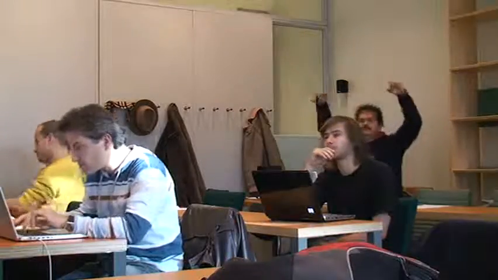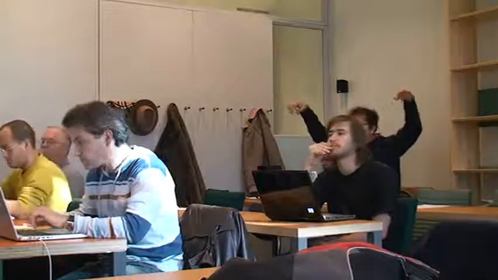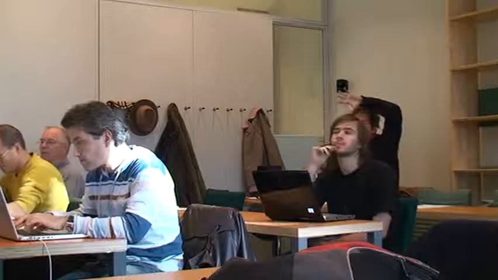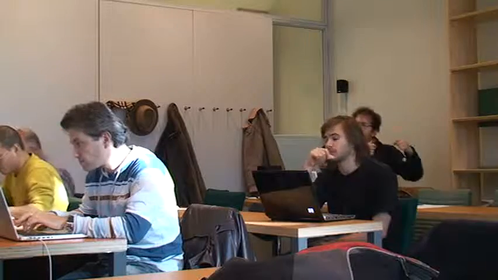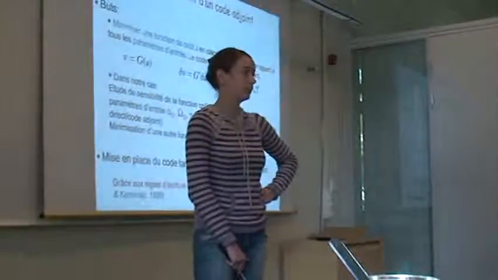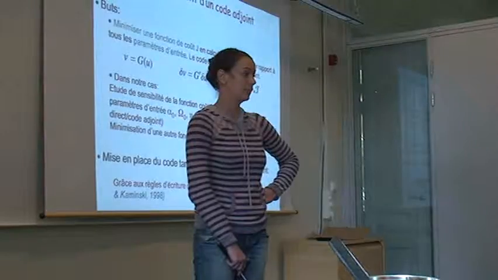Yeah, you mean we want to have B? I'm saying you run the code once. That's your observation, right? And then you have B in the north and B in the south. Now you are running the code once, basically the adjoint code, to find the right parameter which fits it. But now it turns out that you have actually the field which is just phase inverted from the other one.